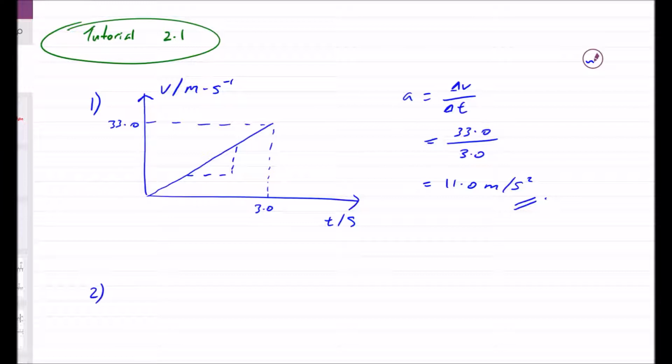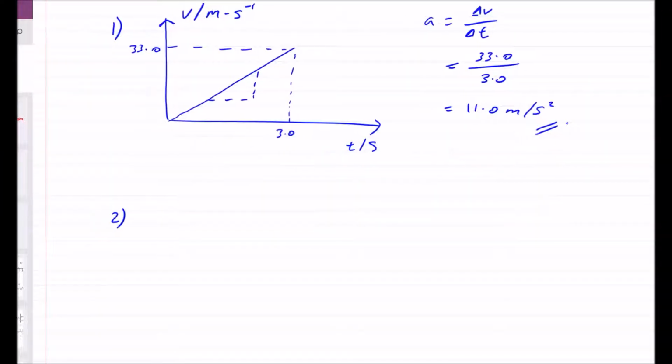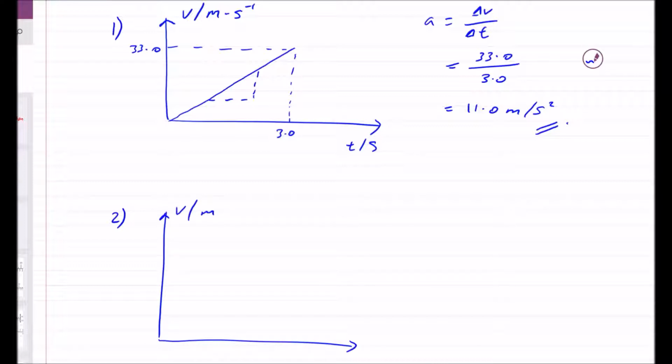Question 2. This question is asking you to find the final velocity given a certain acceleration. Again, I will draw the kinematics graph first. This is meters per second. The x-axis is time. The rocket starts from rest, so again you know that the graph will start from the origin and accelerate at a uniform rate. So the velocity time graph is a straight line graph.